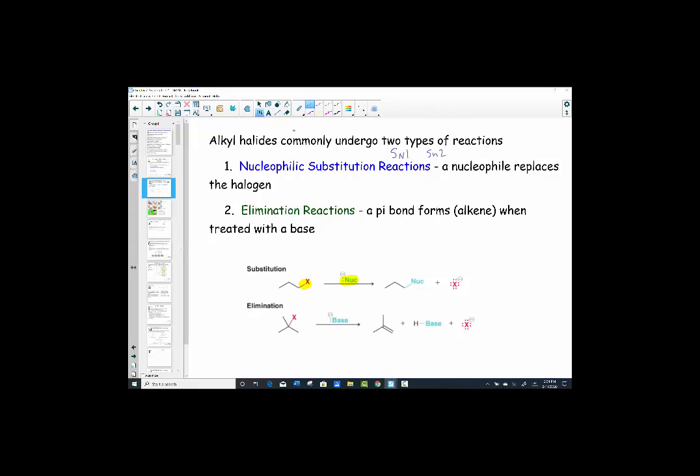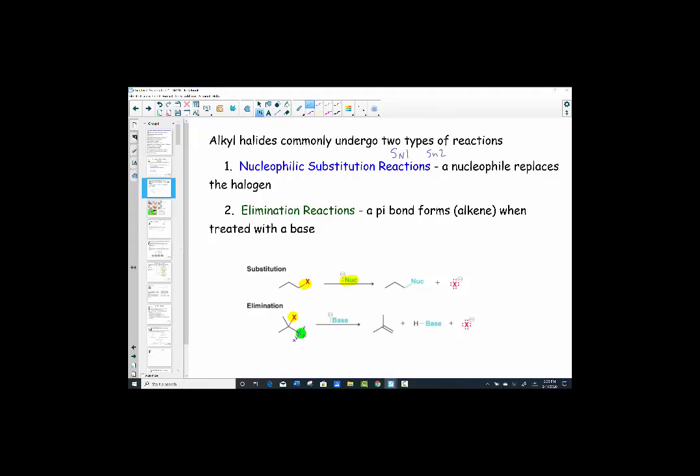We will then spend time looking at elimination reactions in much detail. Here we're just throwing out what we're coming up to study, but this is where it's heading. In an elimination reaction, we see that we have a halogen present, but we're also going to be looking at the beta hydrogen, which will be attached right here. Even though we don't see them, we know that there are hydrogens attached to that particular carbon.